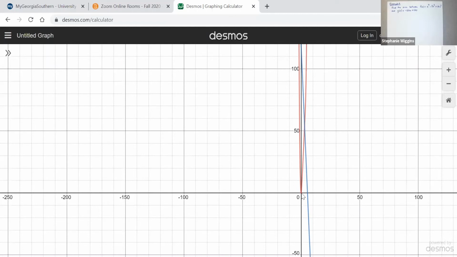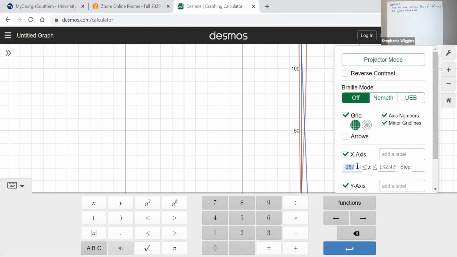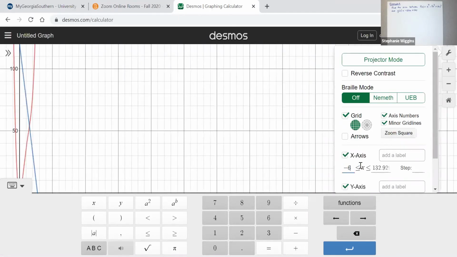Notice here that I'm going from 0 to negative 50, and I want the whole screen to be from like negative 6 to 5 or something like that. It's shifted off a little bit. So if you see this little toolbox up here with a little wrench sign, and it says x-axis, I'm going to change this. Instead of negative 257, I'm going to put negative 6 in there. And then over here, I'm going to put 5.